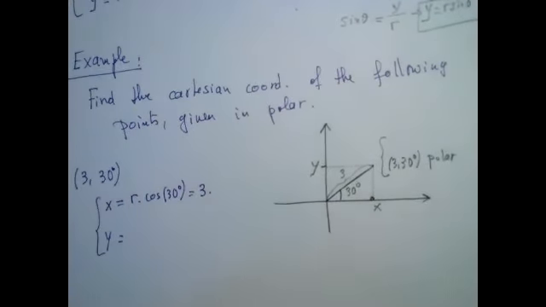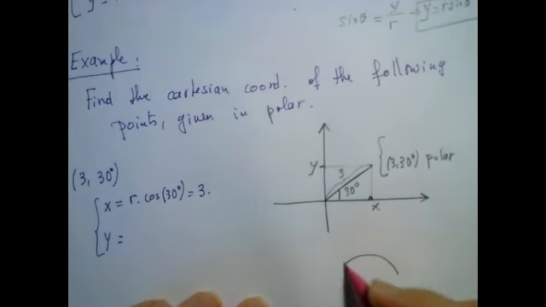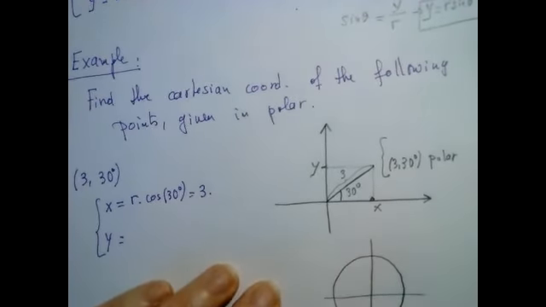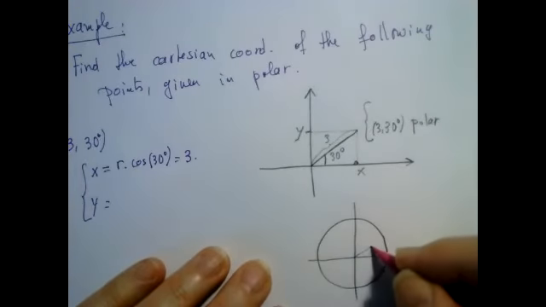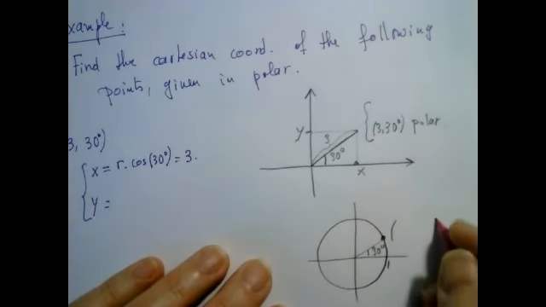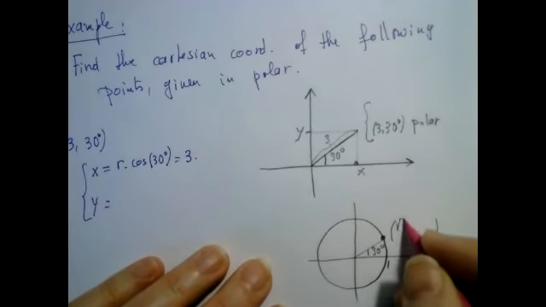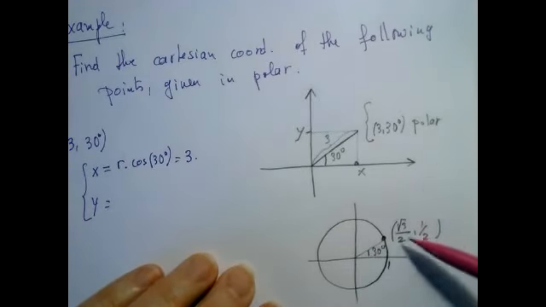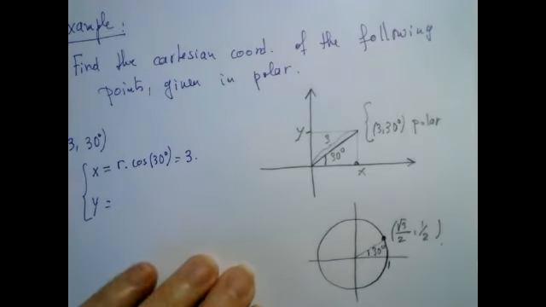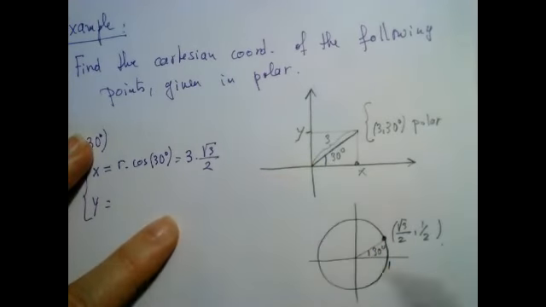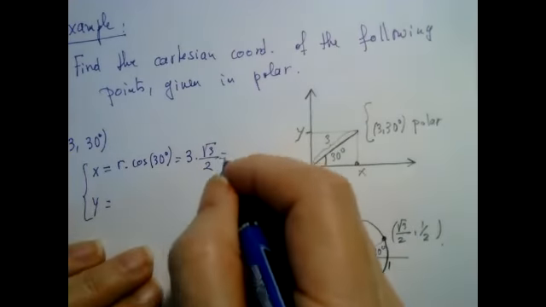Now, cosine of 30 is, if we go back to our unit circle, one of those special angles that we should know their cosine. So let's remember in the unit circle, if this is 30, this is square root of 3 over 2 and 1/2. It means the cosine of 30 is the square root of 3 over 2. So this will give me, that's it.